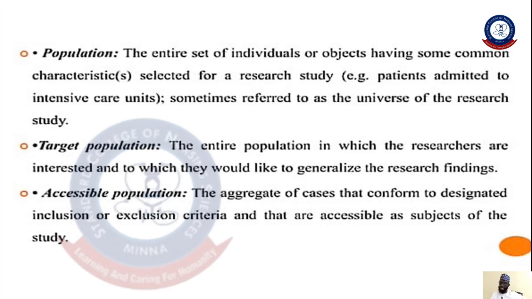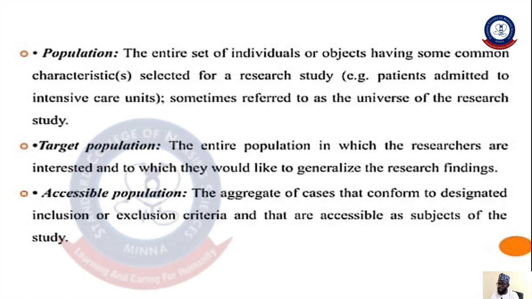Okay, for example, you said you want to carry out research on the relationship or effect of the use of social media on the academic performance of students. Of course, students are the subject or the object, but from which population? Then, if you said, okay, effect of social media on the academic performance of students of Standard College of Nursing Sciences, yeah, this is your research population.